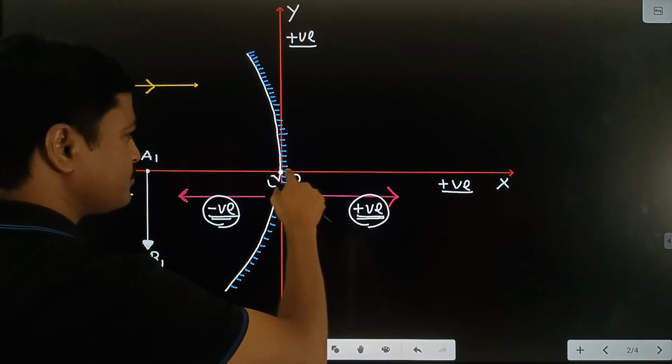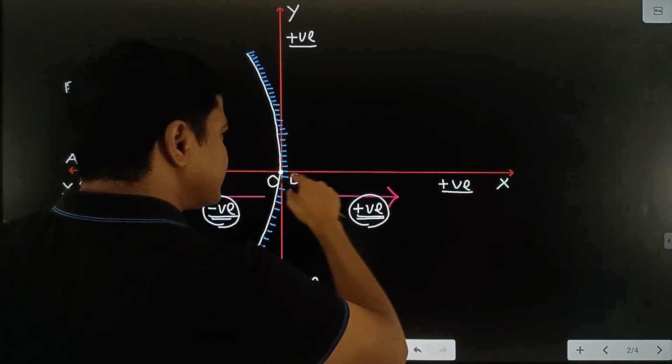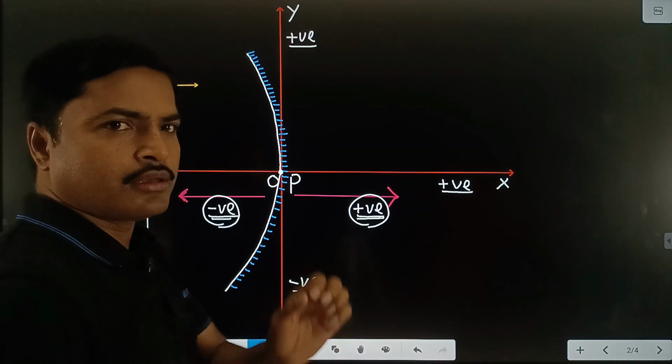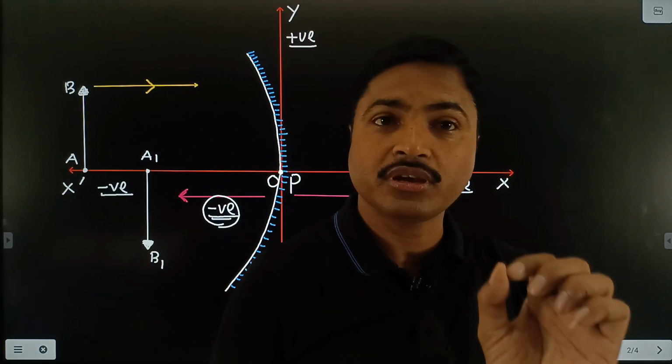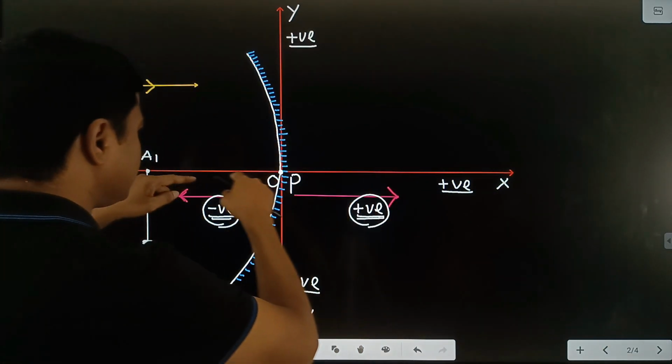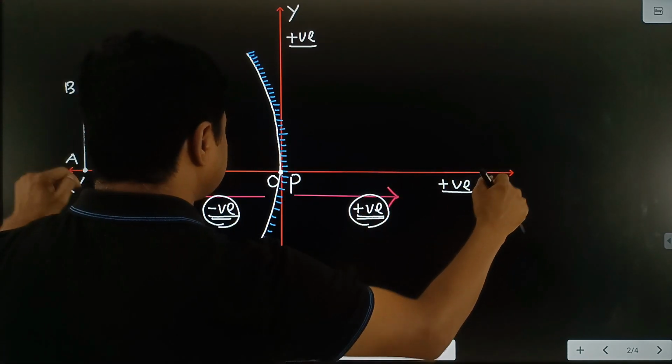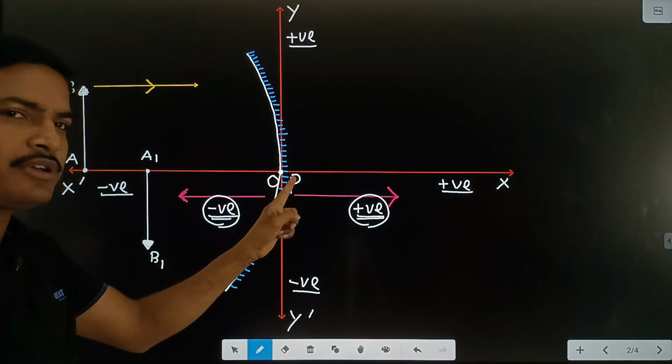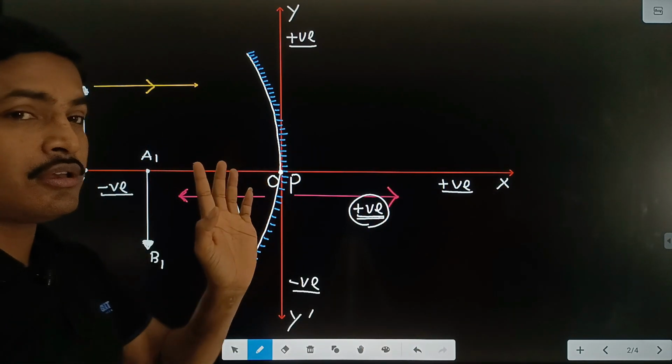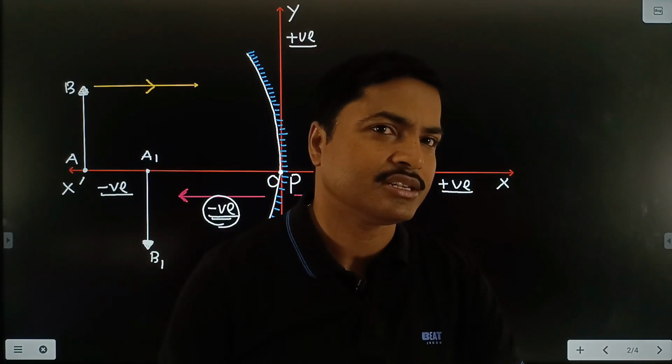the principal axis of a spherical mirror coincides with the x-axis of the Cartesian coordinate system. The pole of the spherical mirror coincides with the origin of the Cartesian coordinate system.